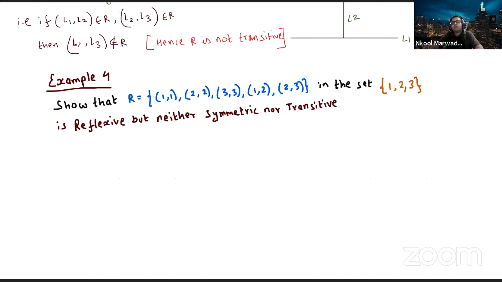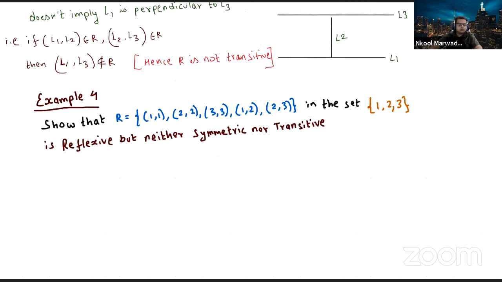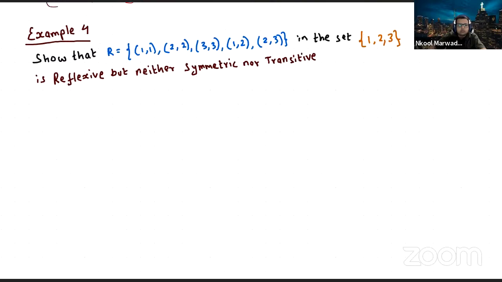So this is what we have to do. So we can check all the conditions one by one. So first, the reflexive. So for reflexive, I can write its definition to get good marks.